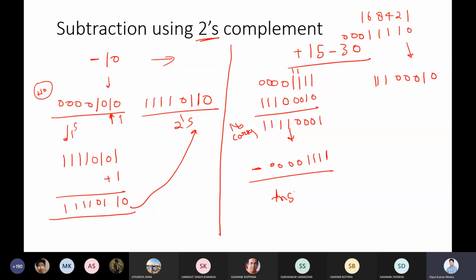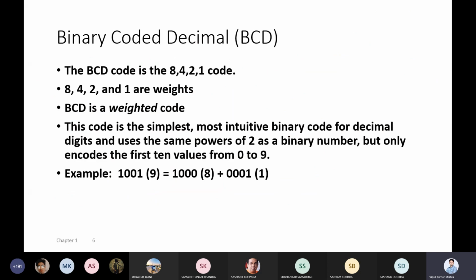And the most appropriate method is the 2's complement, the last one, where we do not need to do extra addition, and the representation also has one extra value that you can represent using 2's complement. Okay, now there is another way to represent the binary, and this is known as binary coded decimal.